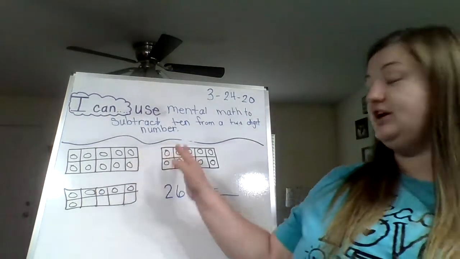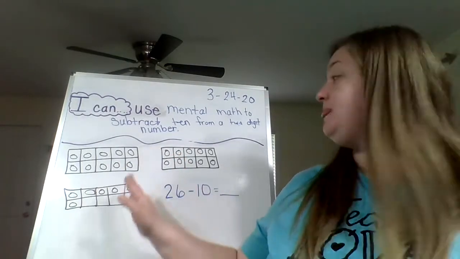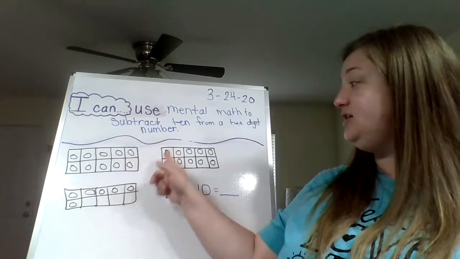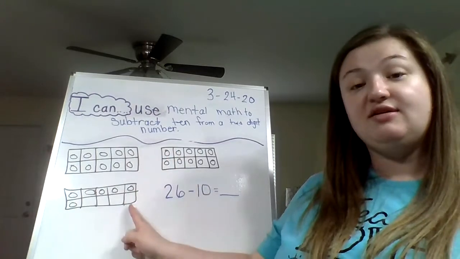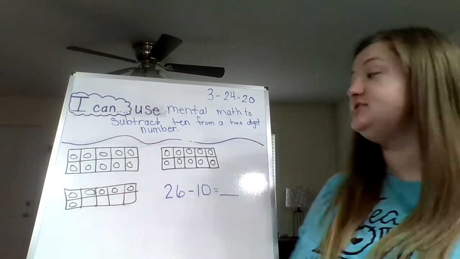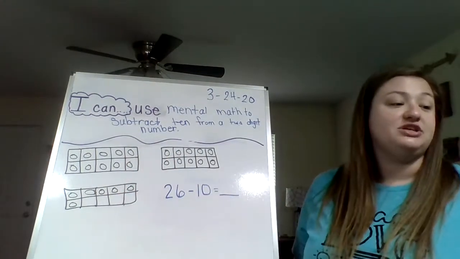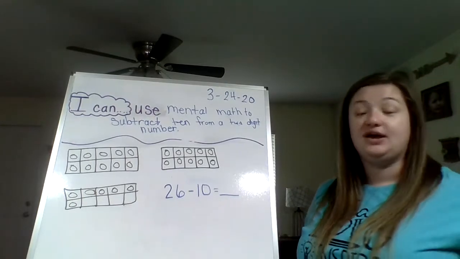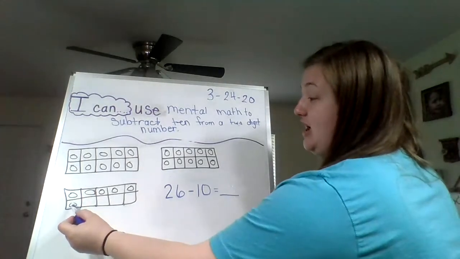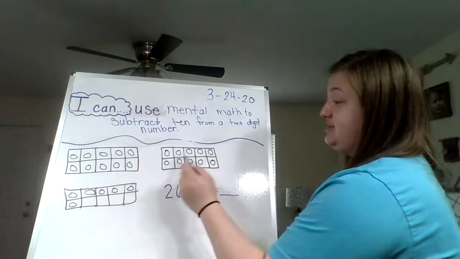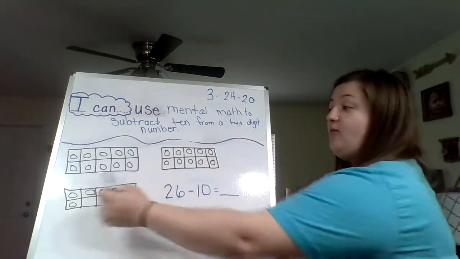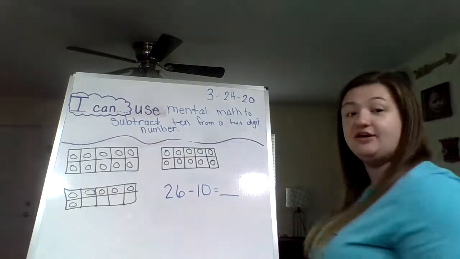So I drew the example from the book. I've got my 10 and 10, which makes 20, and then 6 makes 26. So I've got my 26 counters here, and it says to take 10 away. Now I could start and I could count 1, 2, 3, 4, 5, 6, 7, 8, 9, 10. But then I've got one full 10 frame and then some left.